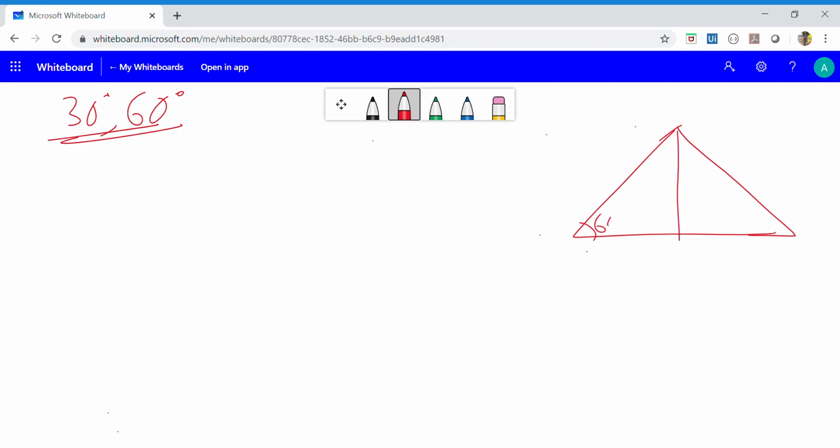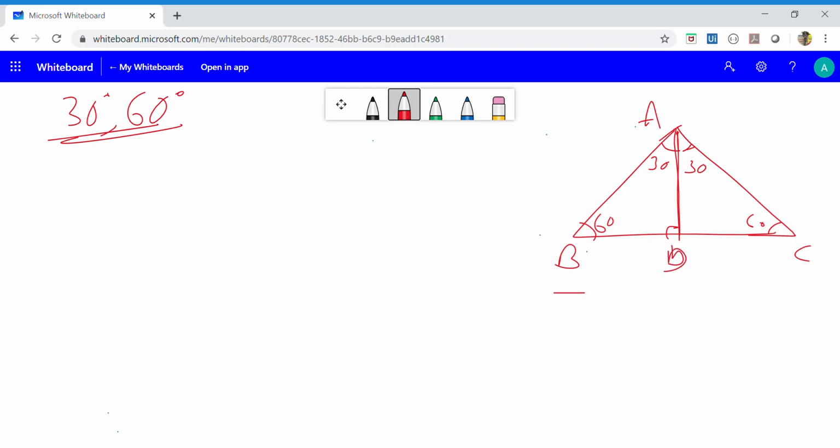I am drawing a perpendicular here, the altitude or median, because both will coincide in the equilateral triangle. So that is the angular bisector also. So this becomes 30 degrees and this also becomes 30 degrees, and this is the perpendicular height. Let the triangle be A, B, C, and this is D.